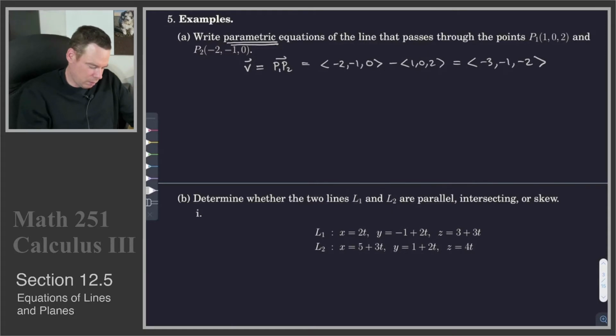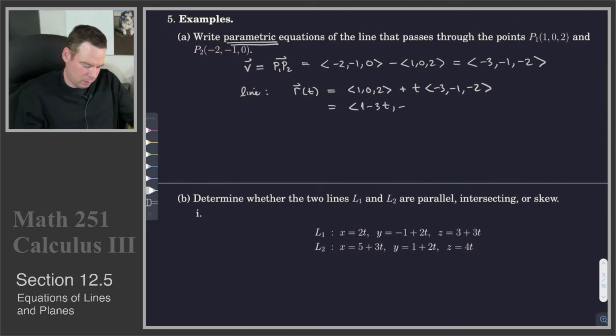That means our equation of our line, we can write using a vector equation. So our line is going to be one of the points on the line, I'll use P naught for that point. And then we add to that t times the direction vector for the line, which is t times -3, -1, -2. So this becomes 1 minus 3t, -t, and 2 minus 2t.